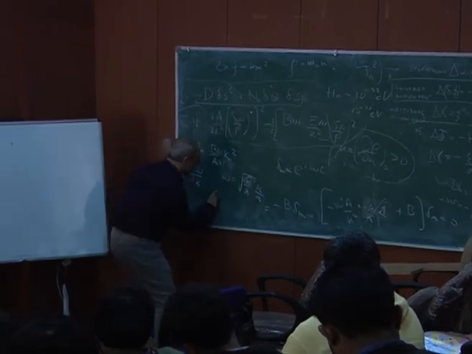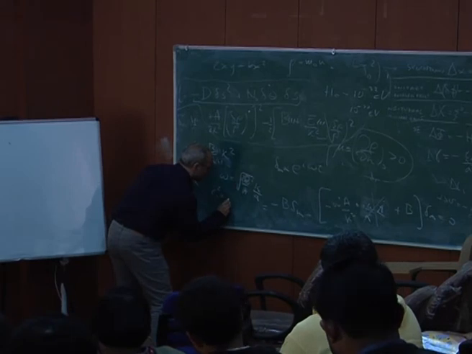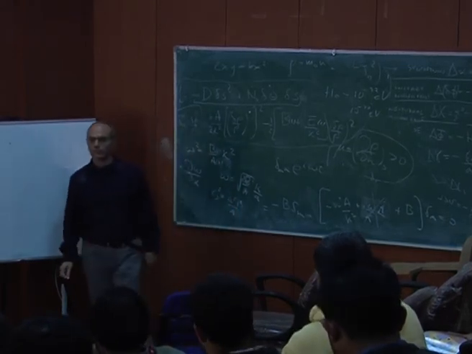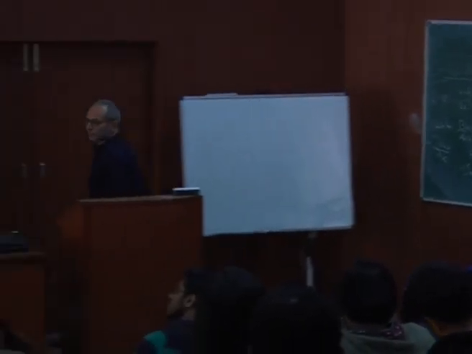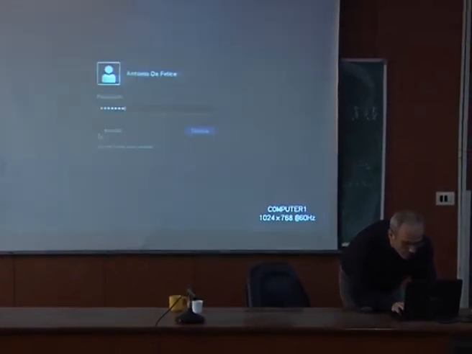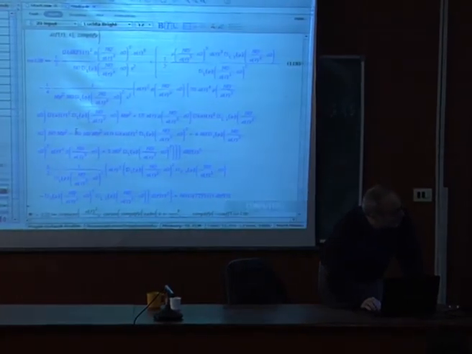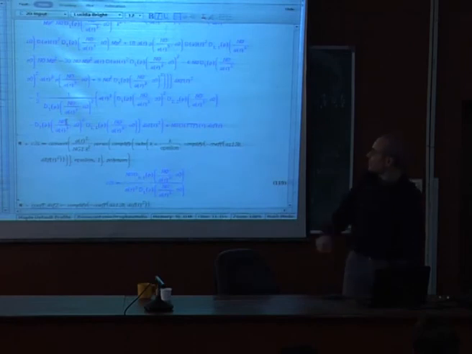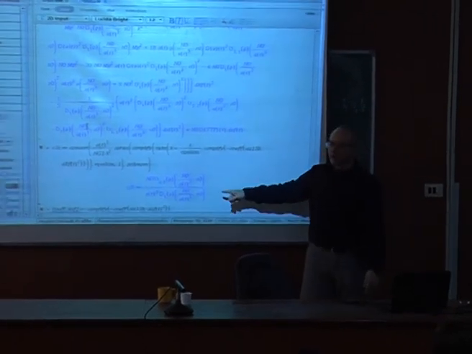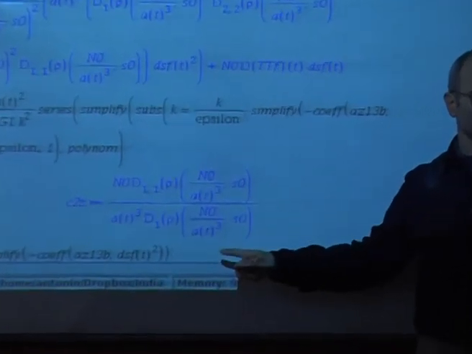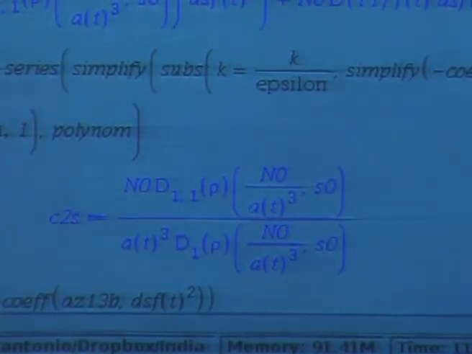But of course, this implies that this will be this. So if I look for subhorizon modes and I make an approximation that they behave as a wave, I get that the speed of propagation is this one. And you recognize that this one is p dot divided by rho dot. How do I see that one?